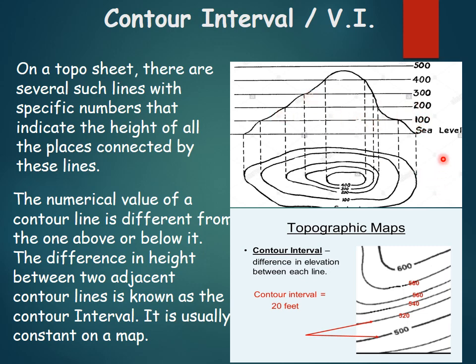The numerical value of a contour line is different from the one above or below it. The difference in height between two adjacent contour lines is known as the contour interval. It is usually constant on the map.